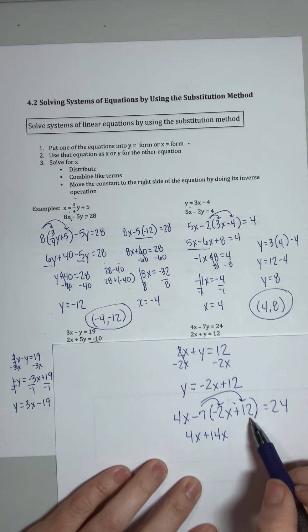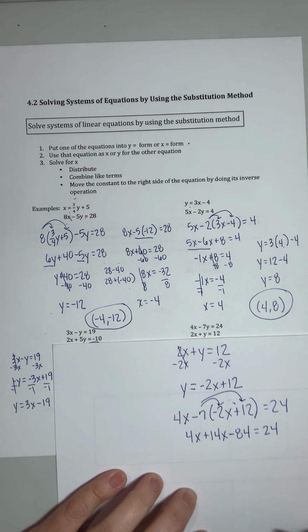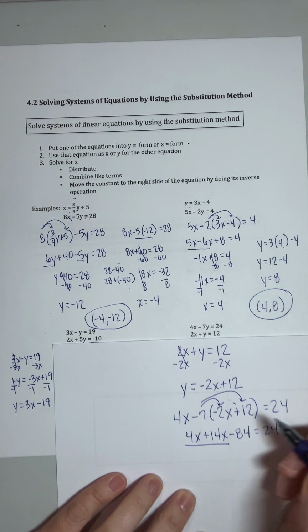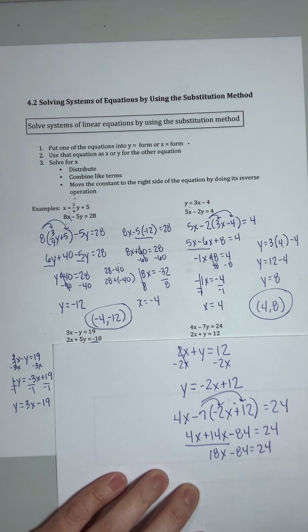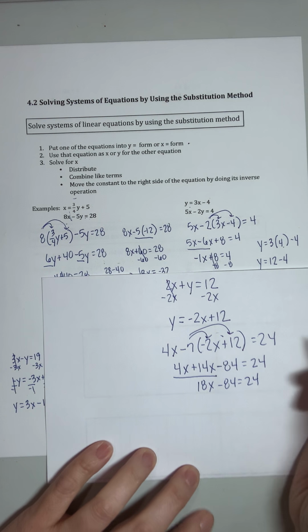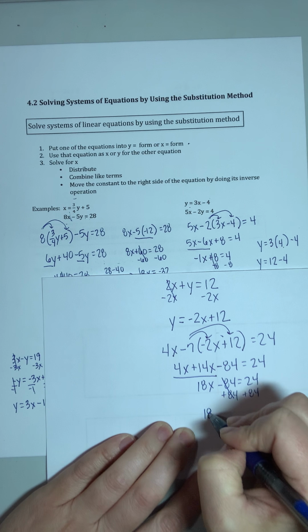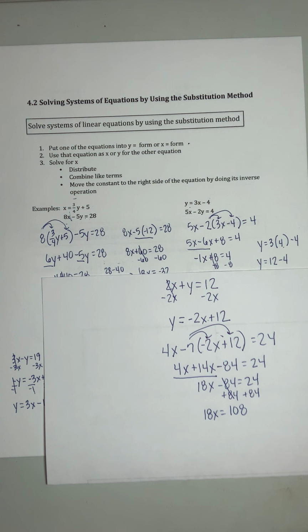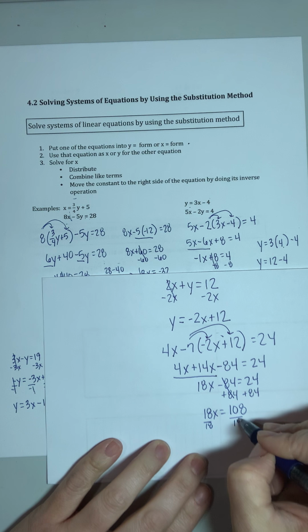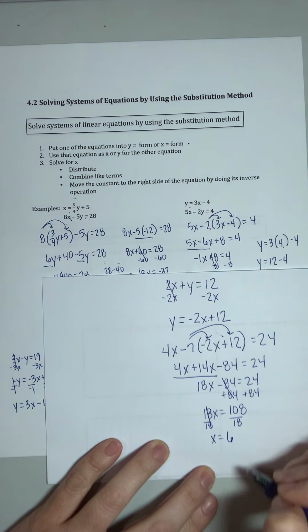Negative 7 times positive 12 is negative 84. These two give me 18x. Add 84, add 84. 108. Now, if you looked at your multiplication chart, you would look to see what you multiply 18 by to get 108, and your answer would be 6.